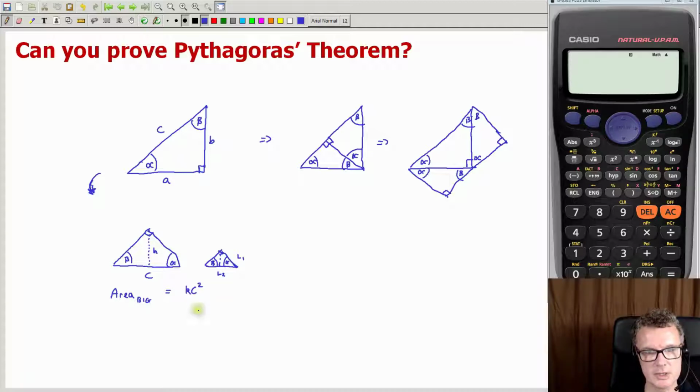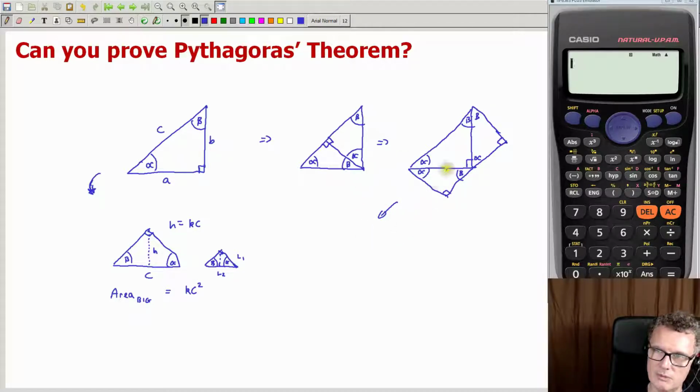Is that making sense? So the h is always going to scale by the C base. Now, what happens if I look at these other triangles? Well, look at this one here.